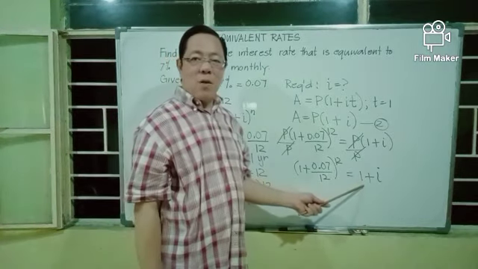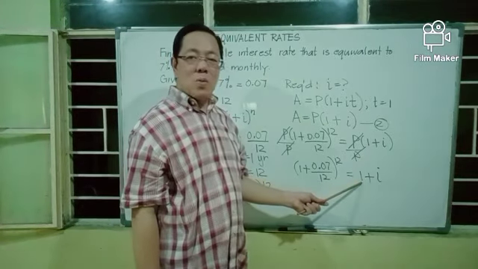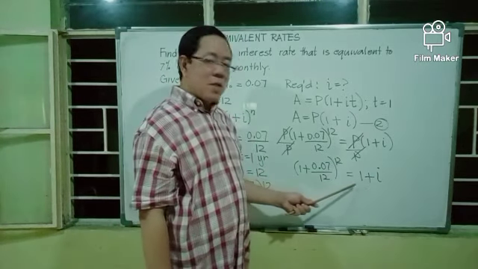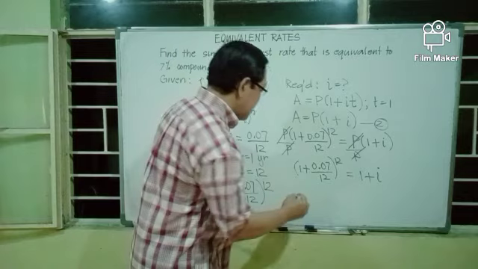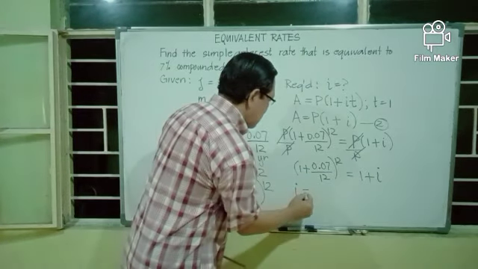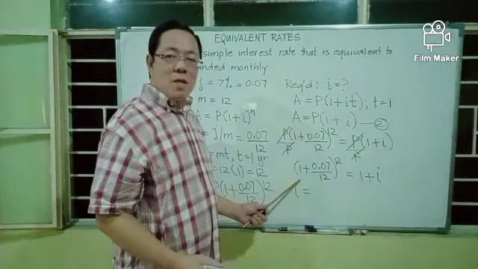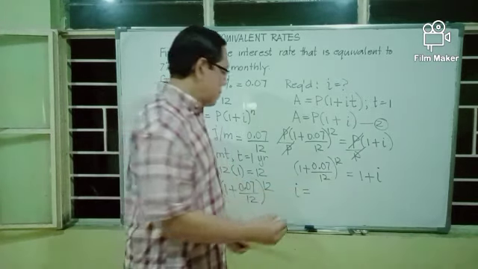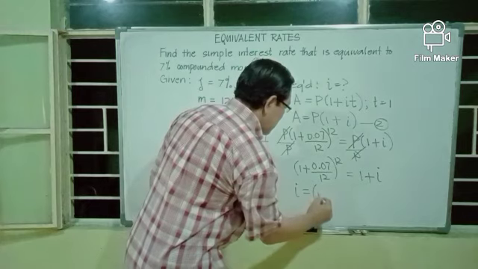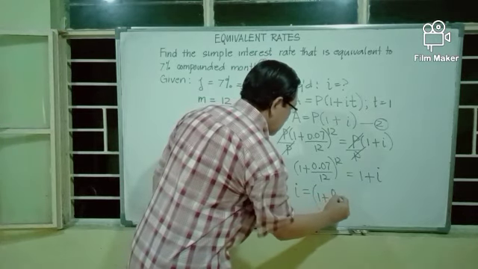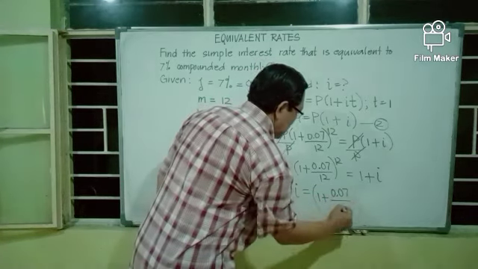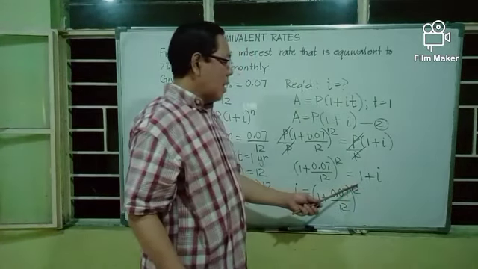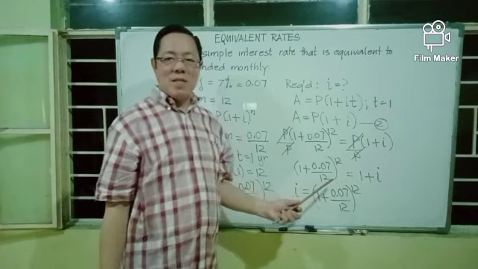And to finally solve for I, we simply transpose 1 to the left hand side. So I now is equal to this quantity 1 plus 0.07 divided by 12 to the power 12. And we transpose 1 to the left hand side.